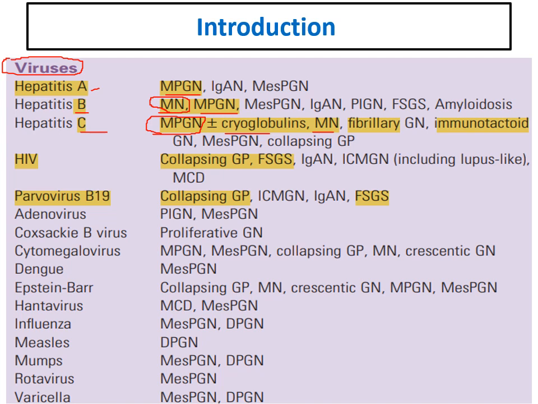Also, hepatitis C infections can cause fibrillary glomerulonephritis and immunotactoid. HIV also can commonly cause collapsing glomerulopathy, and can cause focal segmental glomerulosclerosis. Parvovirus can also cause collapsing glomerulopathy and focal segmental glomerulosclerosis.